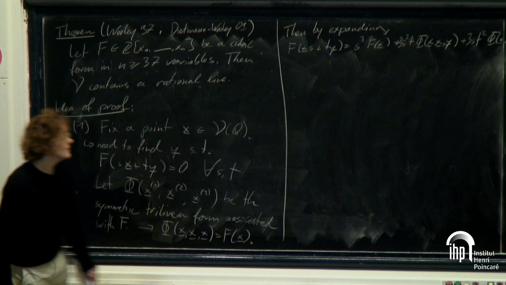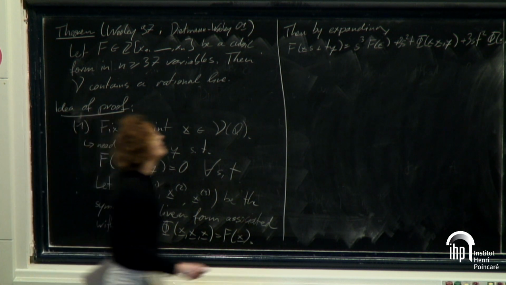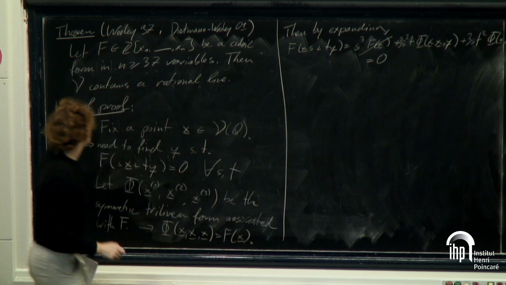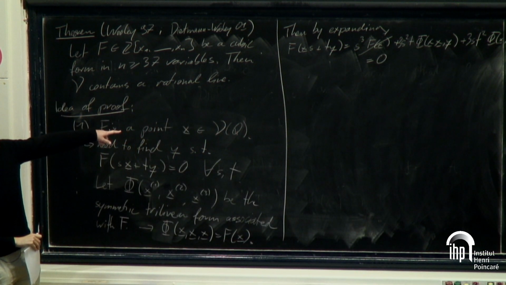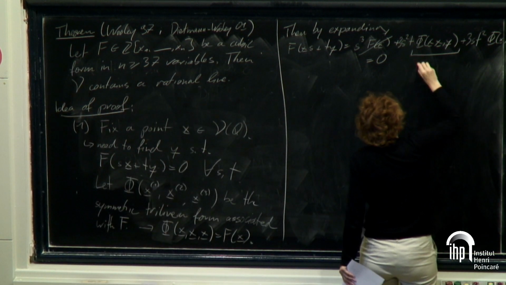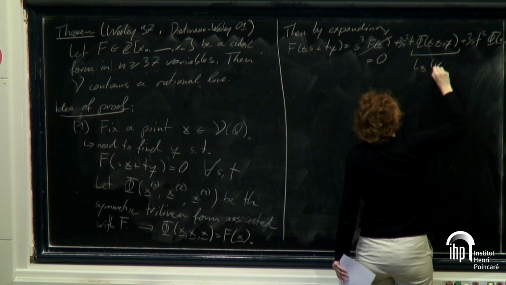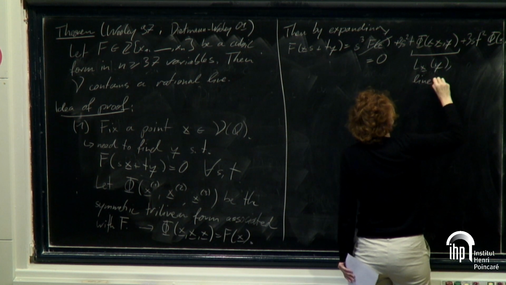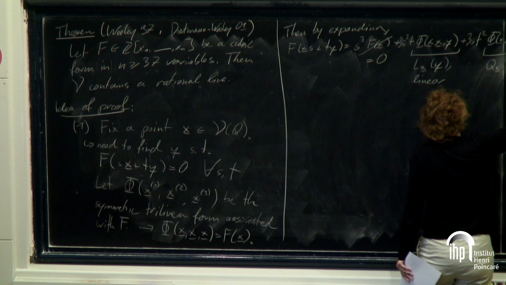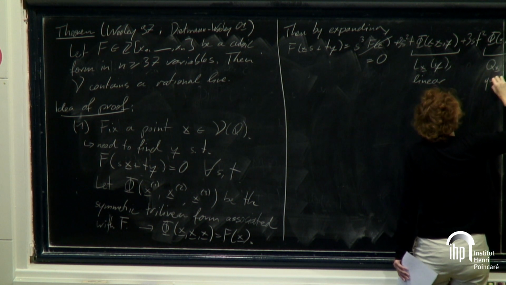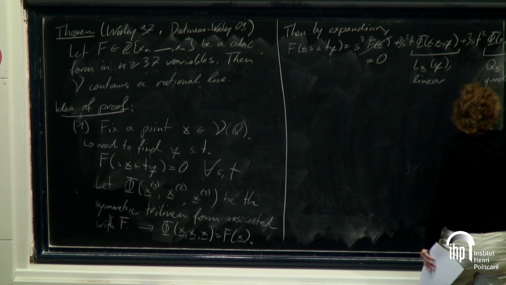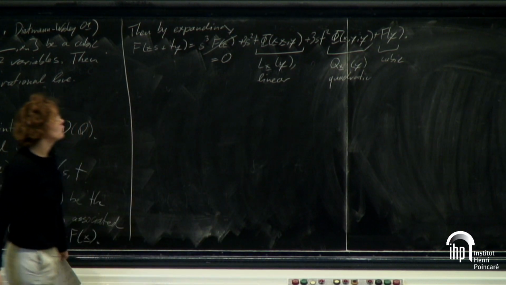So we can write it like that. Now the first term is 0 because we picked x like that. And then this one is a linear form, and this one is quadratic, and we've got our cubic left.